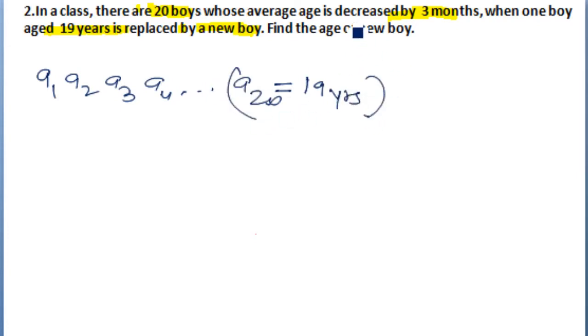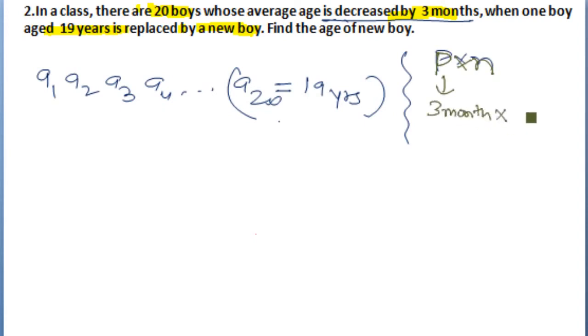Now here the average age is decreased by 3 months when this boy is replaced by a new one. So how much do we need to subtract? That is again P into N. Here P is 3 months and N is 20, which comes to 60 months, and that is 5 years.